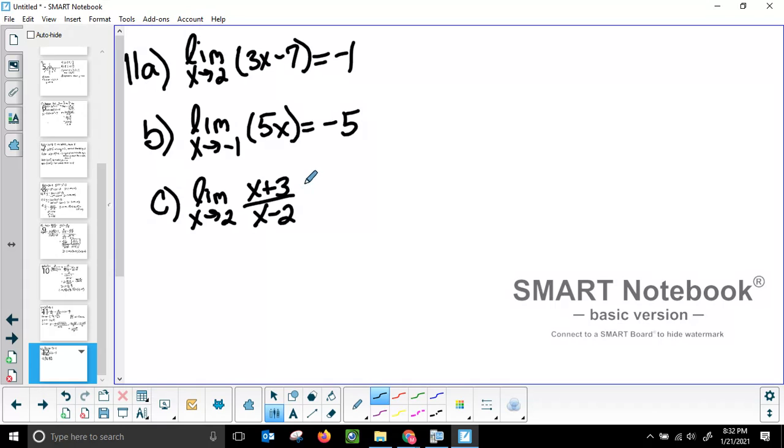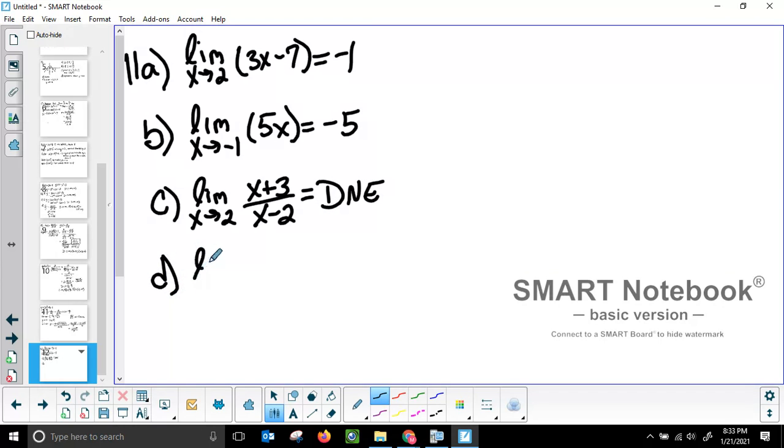Well, we can't have 0 in the denominator. Now when we get 0 over 0, which we'll get to in a minute, that's when we want to do our divide out technique. But when we get a number over 0, and it's an overall limit, not just a one-sided limit, we can always say that that limit does not exist.